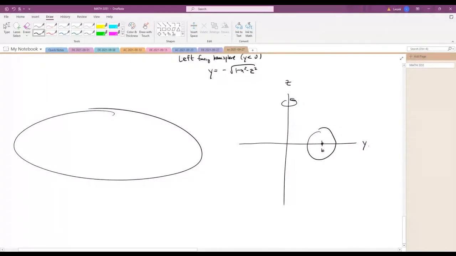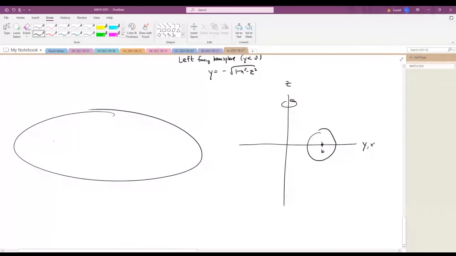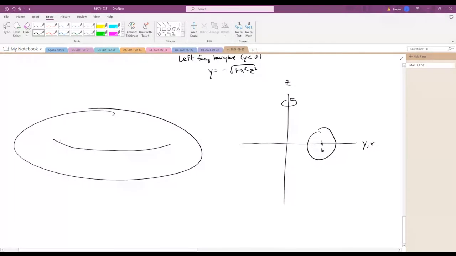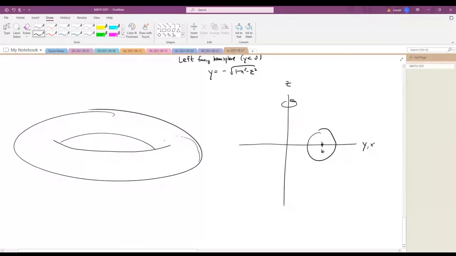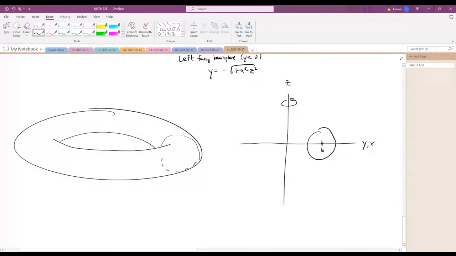So you can even think of this as the x, y plane. You're just rotating that circle about the z-axis. So you probably see what's going to happen, right? We're going to get that circle. And then once you rotate it, you get a donut. So a torus.